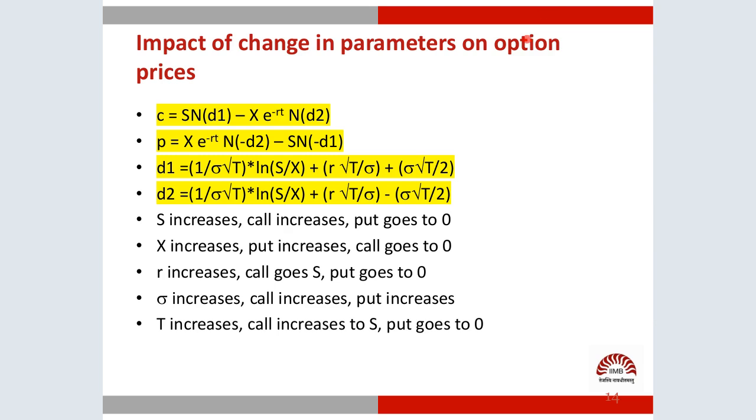Now let's see what happens in each of the cases. My first case was when the spot price increases. When the spot price goes to infinity, what happens to D1? I've said call increases and put goes to 0, but why does that happen?